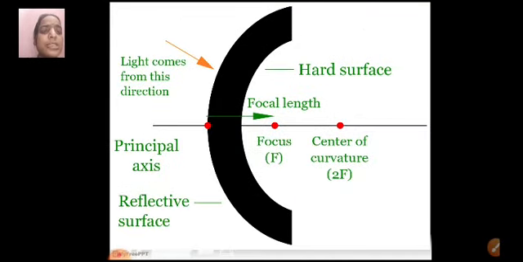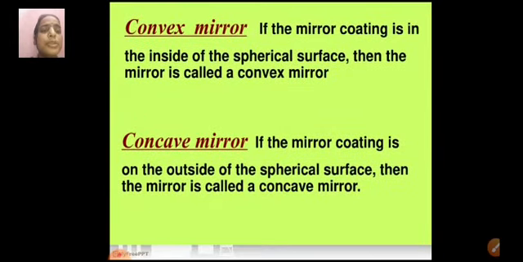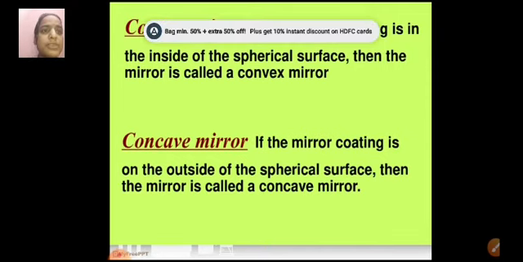We will now be learning the different terms related to spherical mirrors. First of all, the convex mirror. If the mirror coating is on the inside of the spherical surface, then the mirror is called a convex mirror, whereas in a concave mirror, the mirror coating is on the outside of the spherical surface.